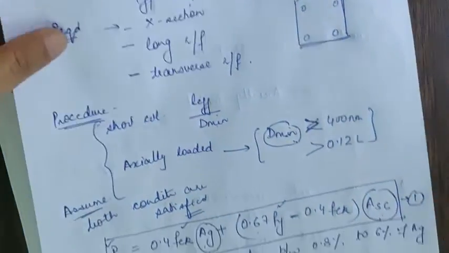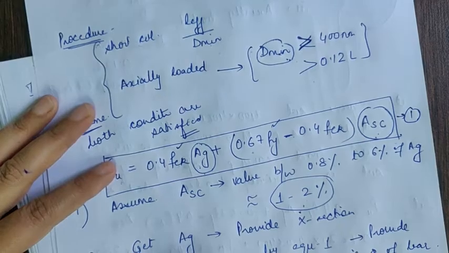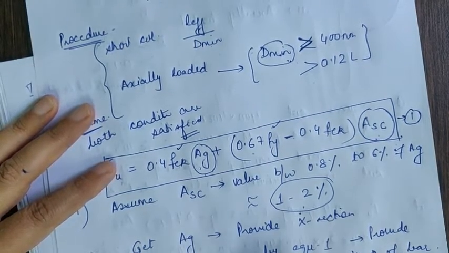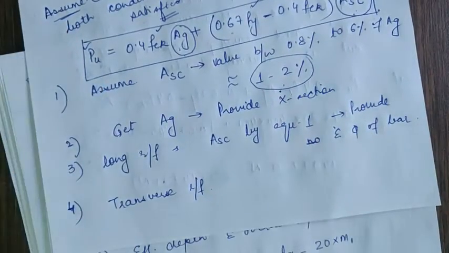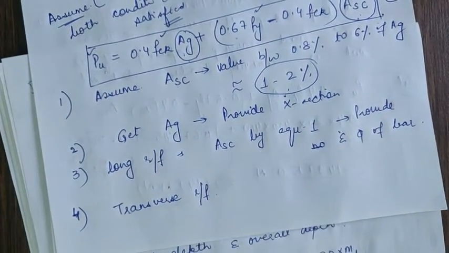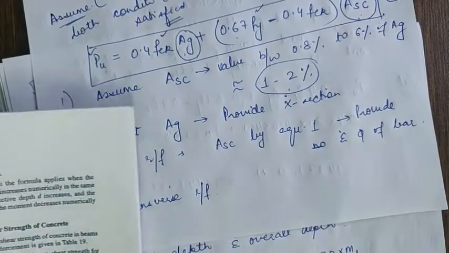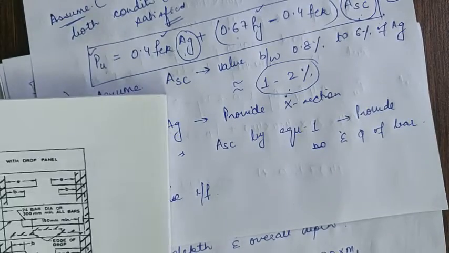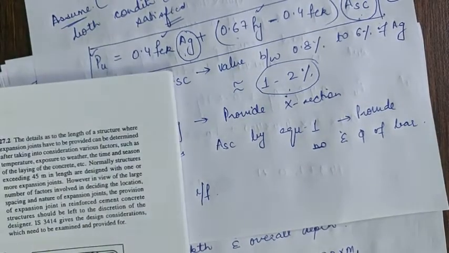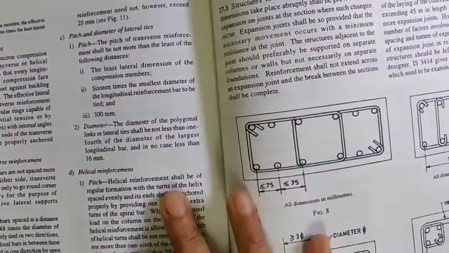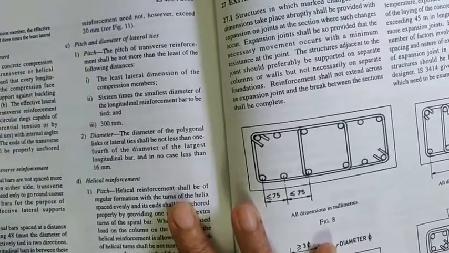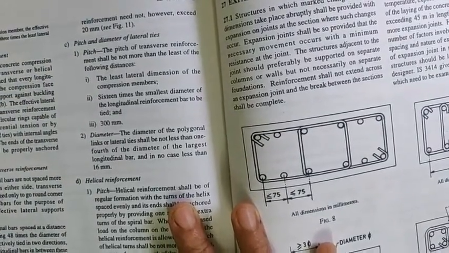Your third step is transverse reinforcement. Transverse reinforcement is taken again from the codal provisions, depending upon the type of transverse reinforcement, on page number 49.